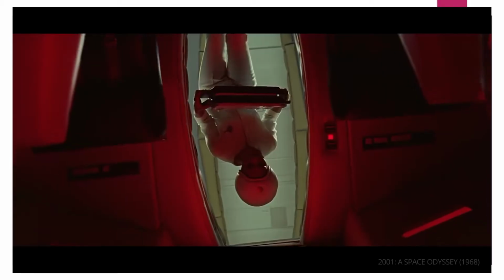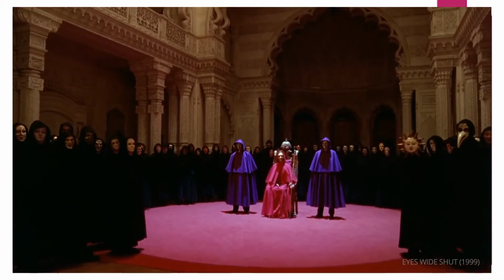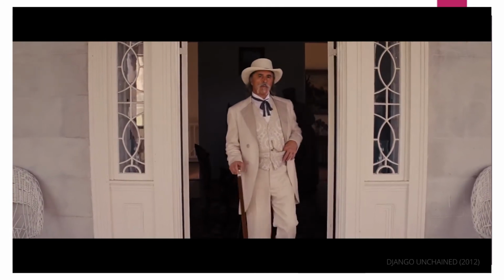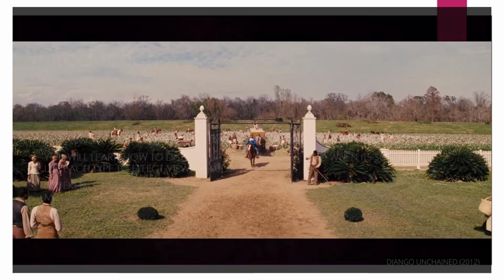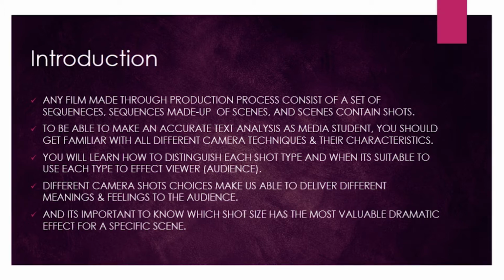The different camera shots, as choices for you as a director or cameraman, enable you to deliver all the different meanings and feelings to the audience. That's why it's important to understand the different camera shots and their purposes, and to know which shot size has the most valuable effect on the audience.